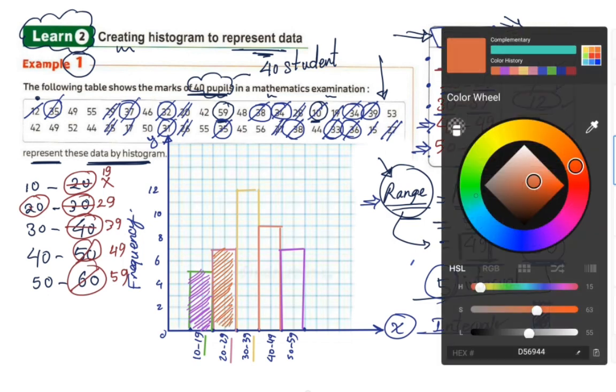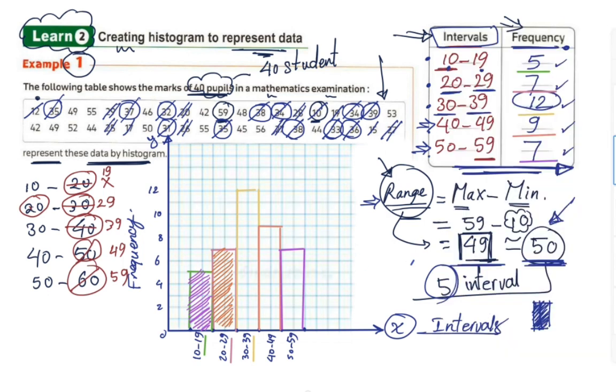Okay, each one with a different color. Like this.